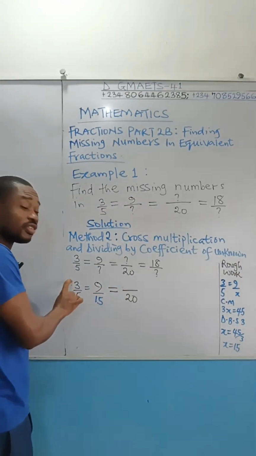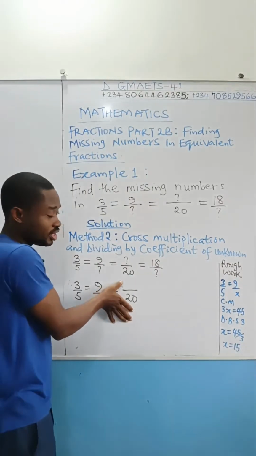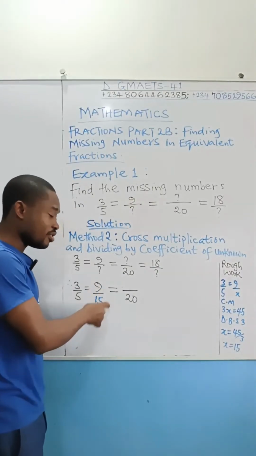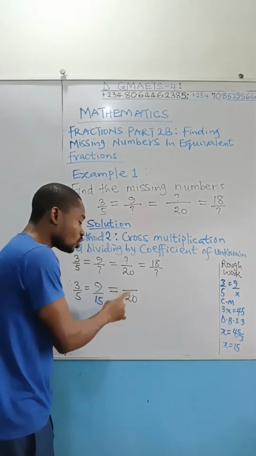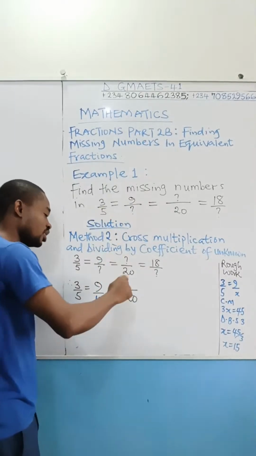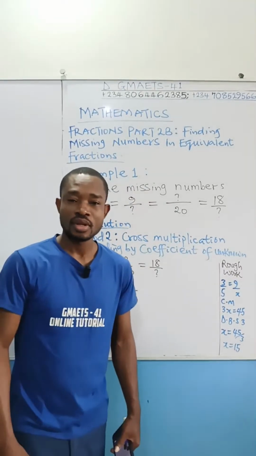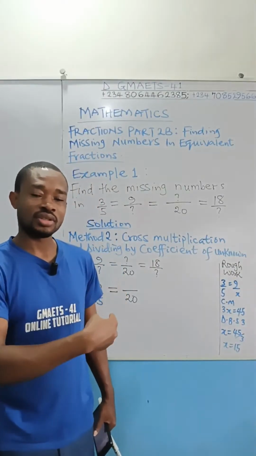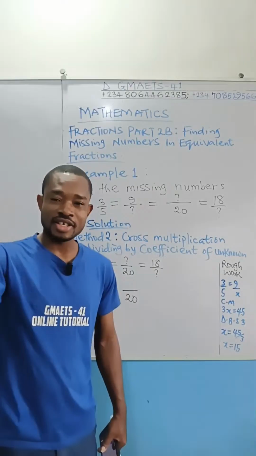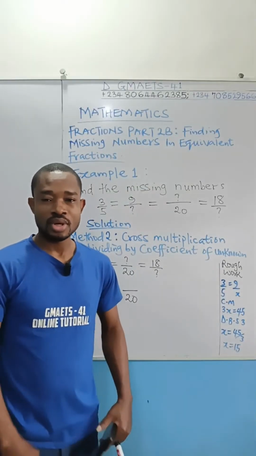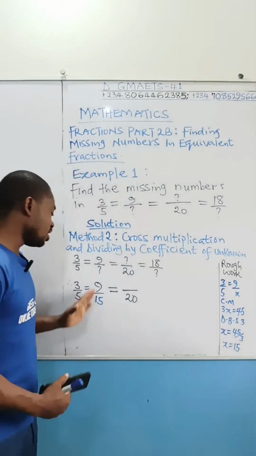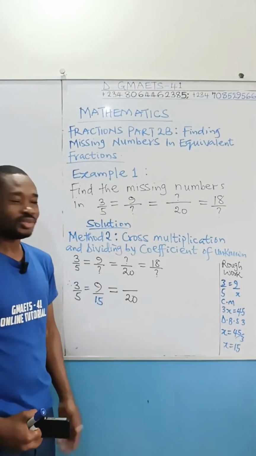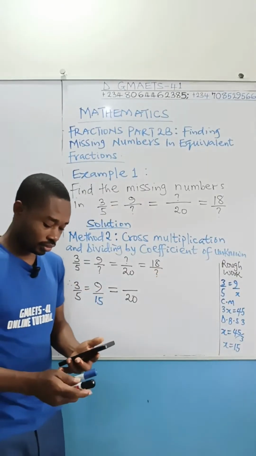Or you can use this one you have obtained, 9 over 15, together with this one to solve and obtain the missing number. So you can see the advantage of the simple equation method, cross multiplying and dividing by the coefficient of the unknown. By this method, once you get any of the missing parts, you can use it to get the other one, just by solving the simple equation.